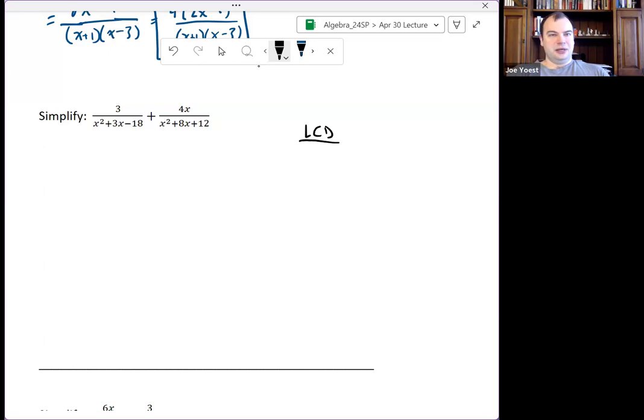What's my strategy? I take my two denominators. These ones look a little more complicated, but let's go with the same strategy.